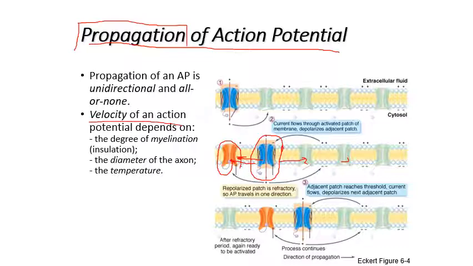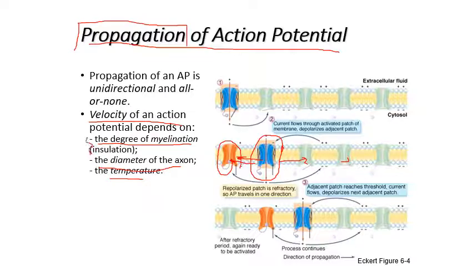Velocity. What would affect the velocity of this propagation of the action potential? You can see there are several factors. One we're going to discuss is myelination. The oligodendrocytes and the Schwann cells produce that myelin on the axons, that insulation wrapping. Also the diameter of the axon, and temperature.